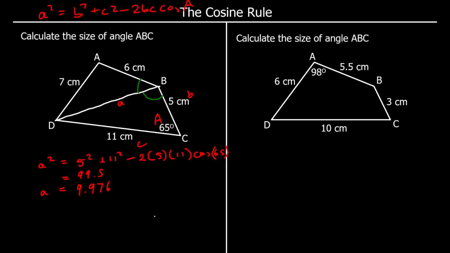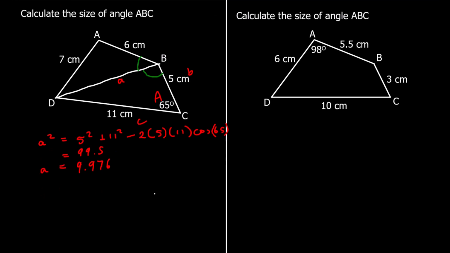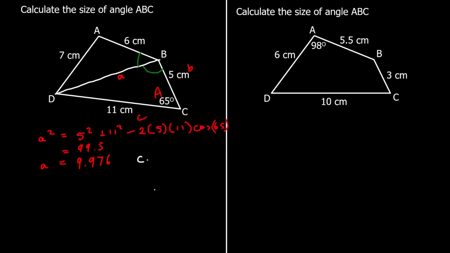And to do that, I'm going to use the cosine rule to find an angle. So cos A is equal to b squared plus c squared minus a squared over 2bc. So we're going to change our labels. This time I'm going to have big A here. This one's going to be little a.